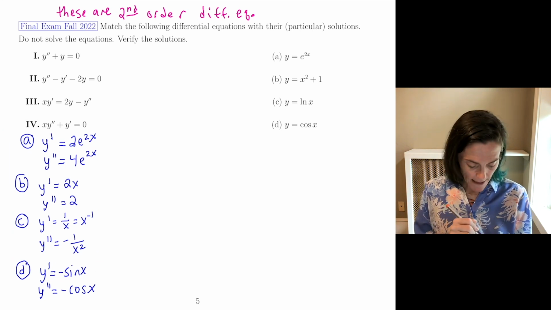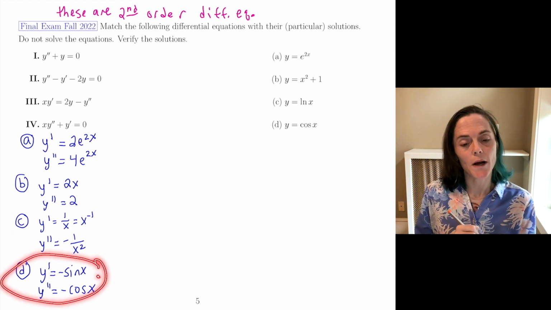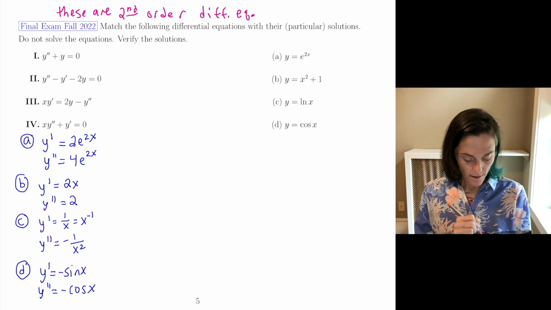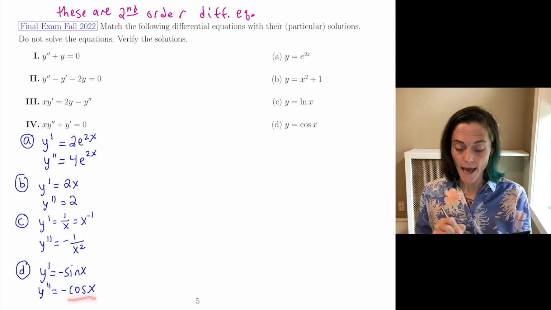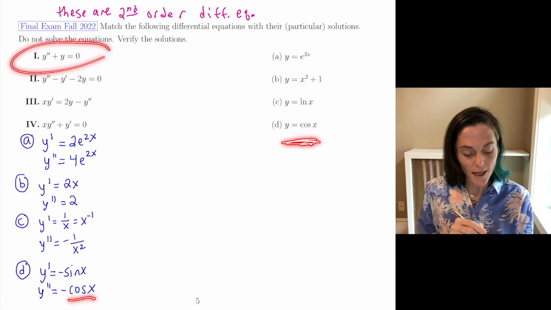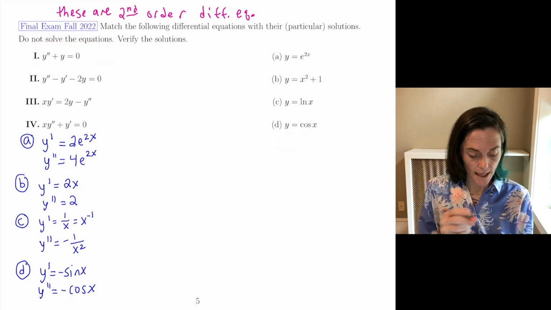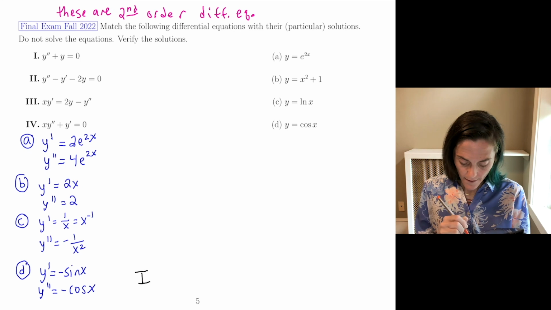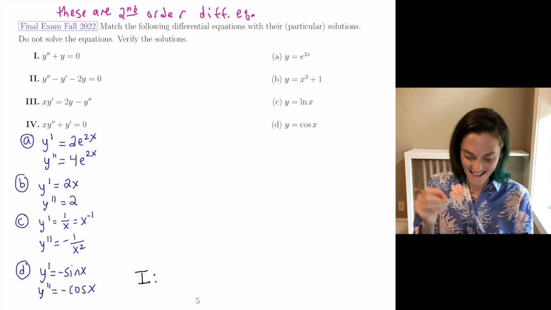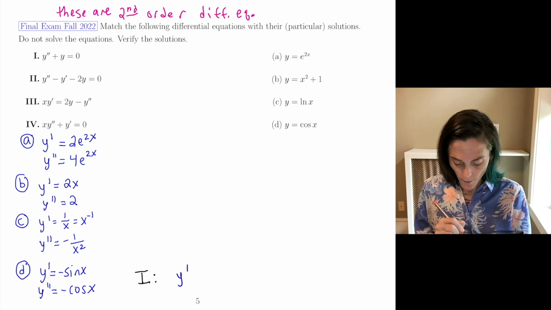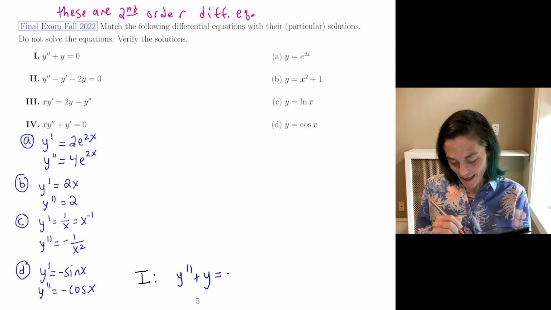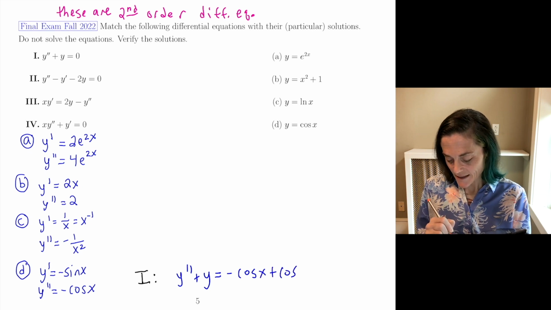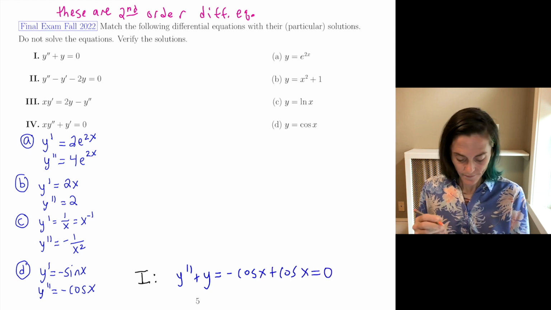Immediately, I see something with this very last one. You see, the second derivative is negative the function, and that's really what this is saying. So for D, the letter that will match is letter I, because y double prime plus y, this is minus cosine x plus cosine x, which is 0.